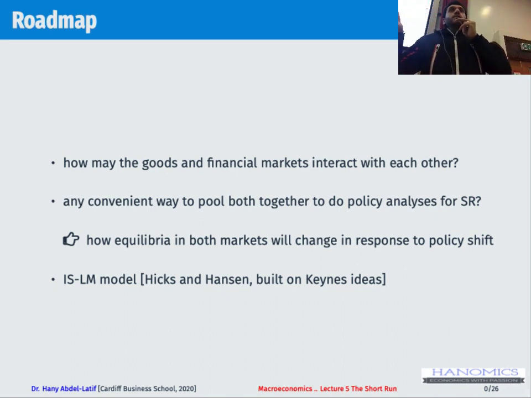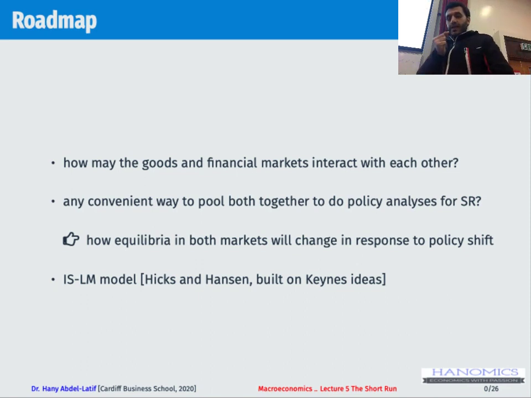Equilibrium in the goods market and equilibrium in financial markets. The idea today is how these two markets may interact with each other, and that is the takeaway message from today. That's what we want to learn today: how the goods market and the financial market interact with each other.